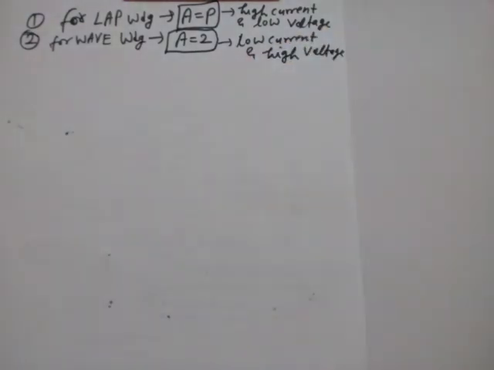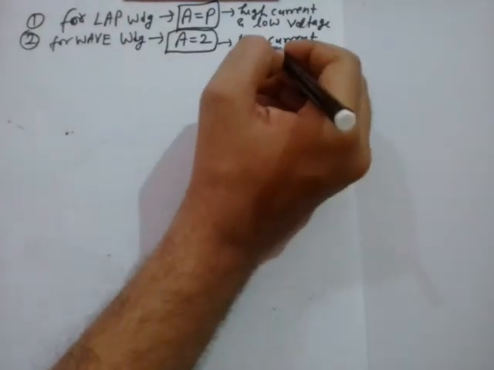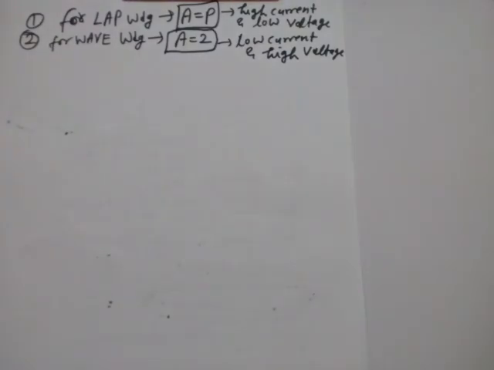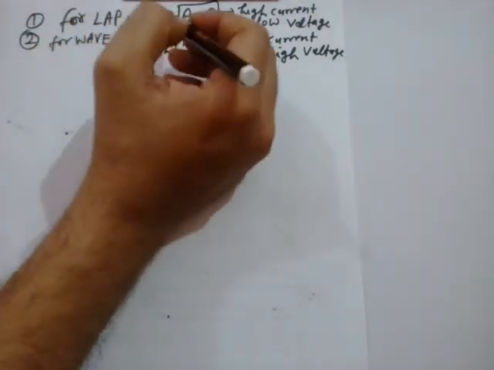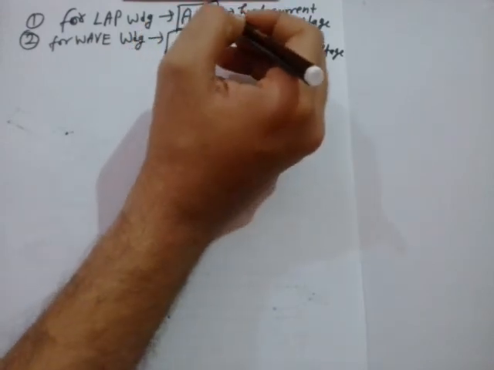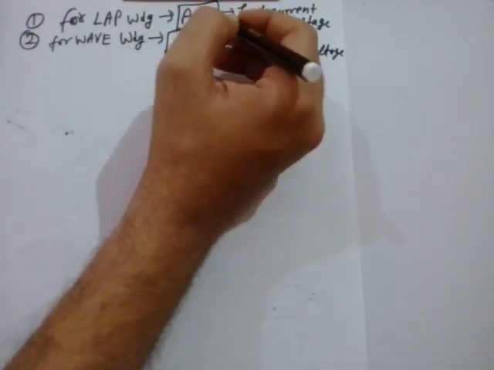You need not study the winding pattern, right? This much data would be more than sufficient for numericals. So just keep these two data in your mind. For lap winding, A is equal to P, number of parallel paths equals number of poles, and for wave winding, number of parallel paths is equal to 2.